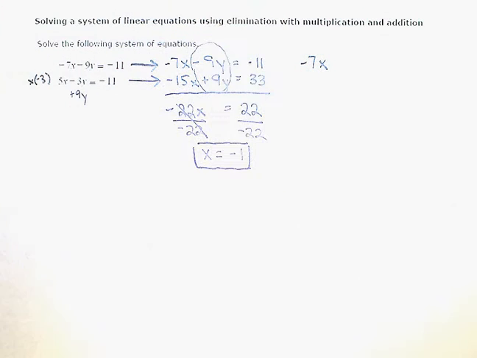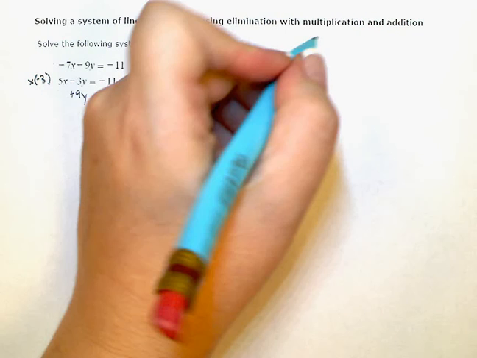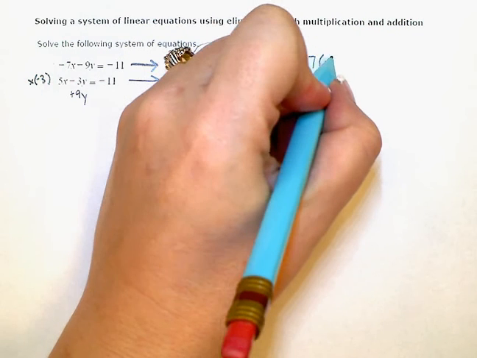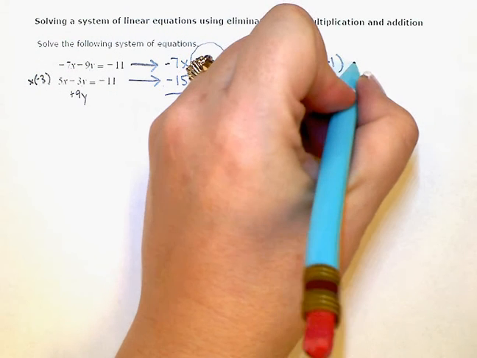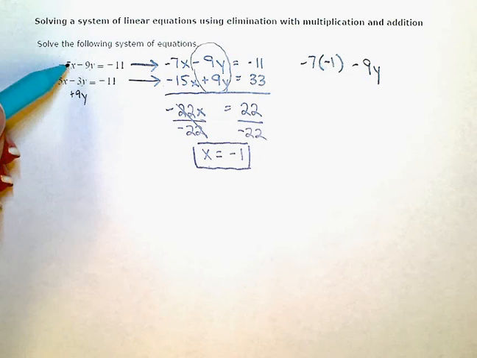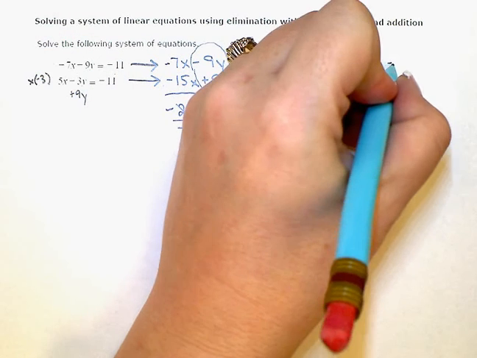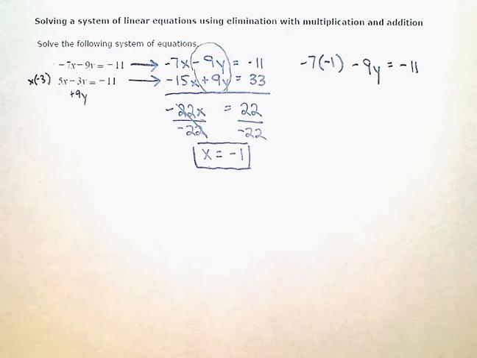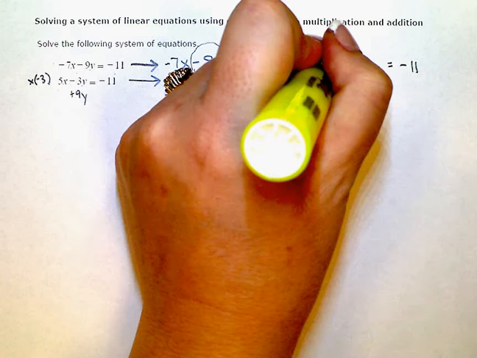So negative 7, but instead of the x, I'm going to substitute in that negative 1 value that we just found. Then minus 9y equals negative 11. So this negative 1 was substituted up there.